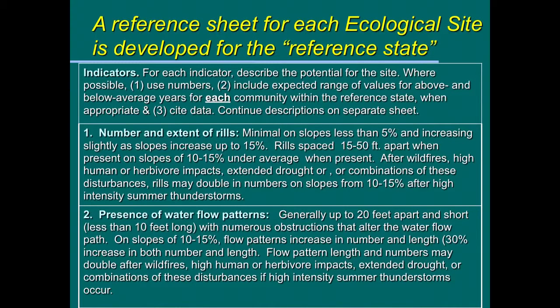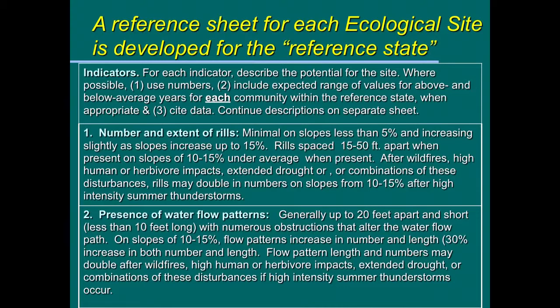So again, we're thinking about distinguishing one ecological site from another. Then you either have a reference sheet already created for that site, or one must be created for that site. And so we have these things called the 17 range health indicators, and you can see here's the top of one of these sheets.